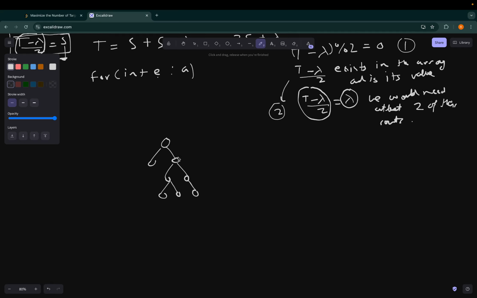You have to connect a node from tree 1 to any node in tree 2, such that the distance, this is 1, right? So we have to basically count the number of nodes which lie at a distance of k minus 1 in this tree. And in this tree, we have to count the number of nodes which lie at a distance of less than or equal to k, and this is like less than or equal to k minus 1, right?